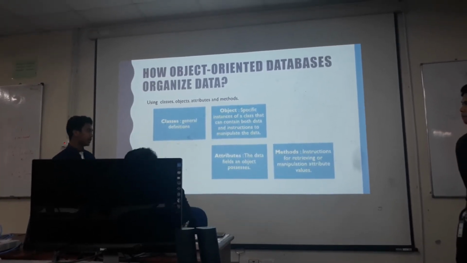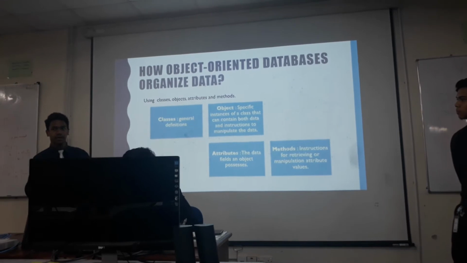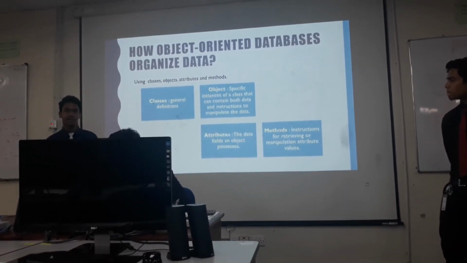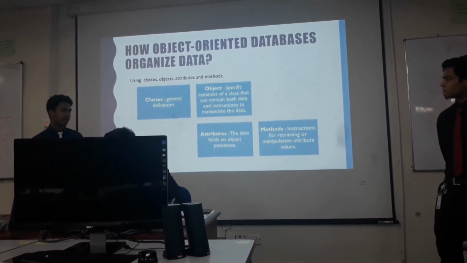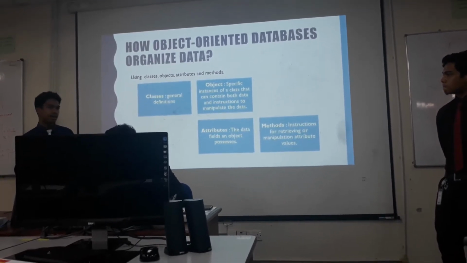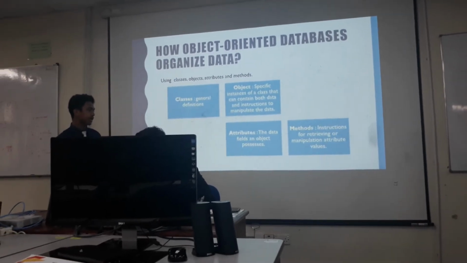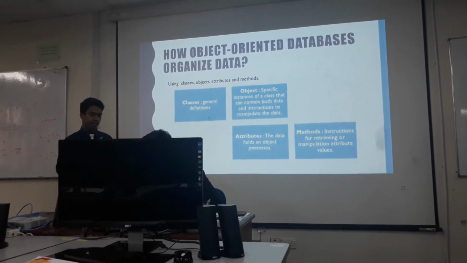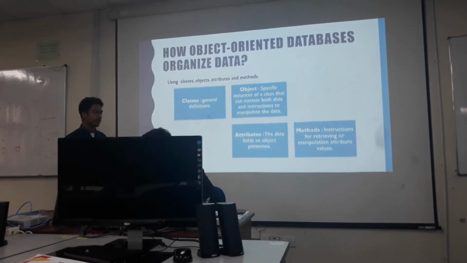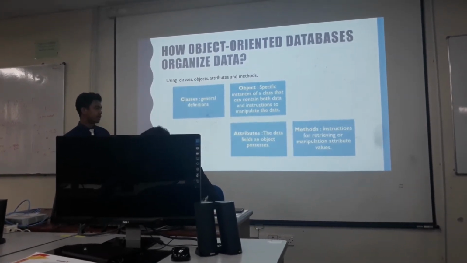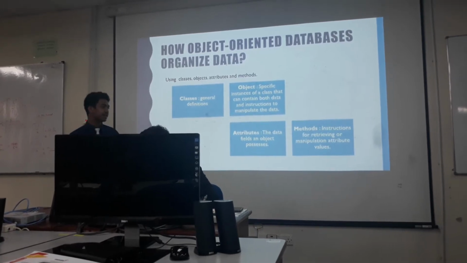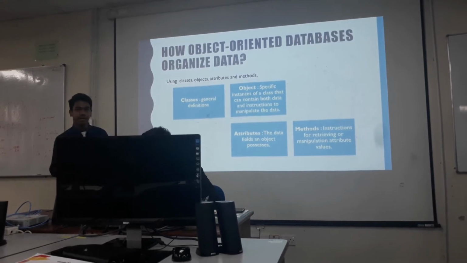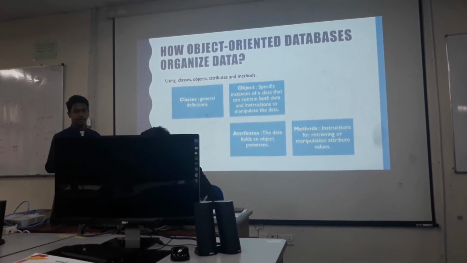The object will contain the attributes, the overall data, so fields and object processors. It can contain many fields, such as the address, the name, the first and the last name together in one object. There are also methods, which have instructions for retrieving and manipulating the attribute values.